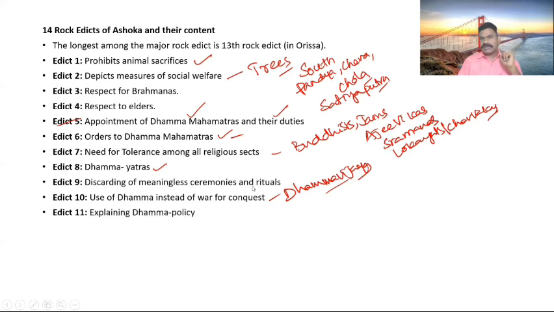11th Major Rock Edict of Ashoka explains the Dhamma policy, and it also speaks about Ashoka's visit to the Bodhi tree.